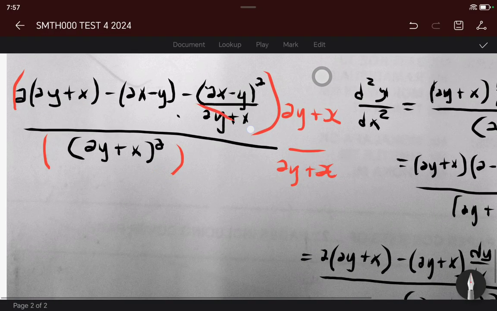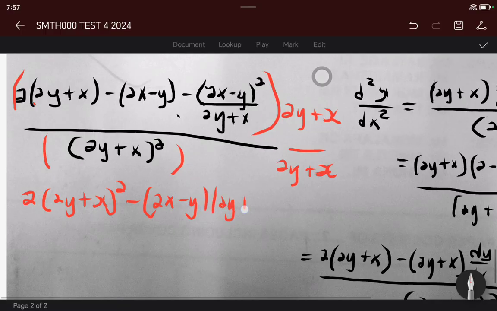Then this thing will cancel out here. And then here it will multiply through. So this will just be 2y plus x squared. If I multiply it with the same thing, it will square, minus 2x minus y 2y plus x, minus this will cancel out.